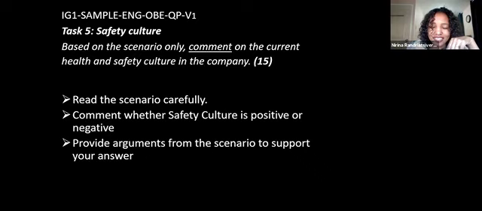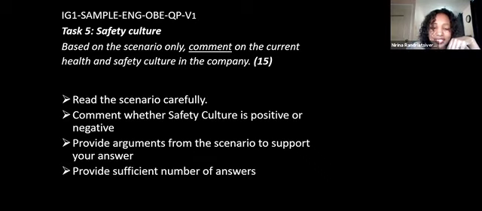So go back to the scenario, analyze it, and provide arguments: lack of management commitment, because of information from the scenario that tells you so. And provide a sufficient number of answers. 15 marks means you'll have to provide at least 15 different pieces of information to get the full 15 marks.